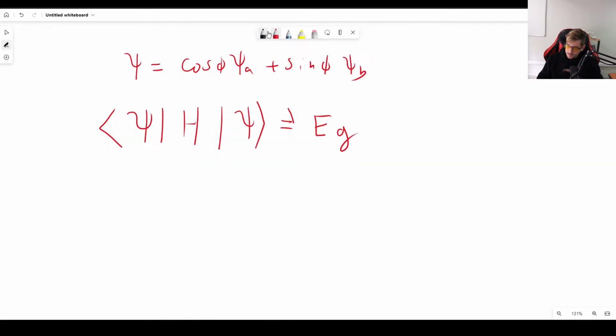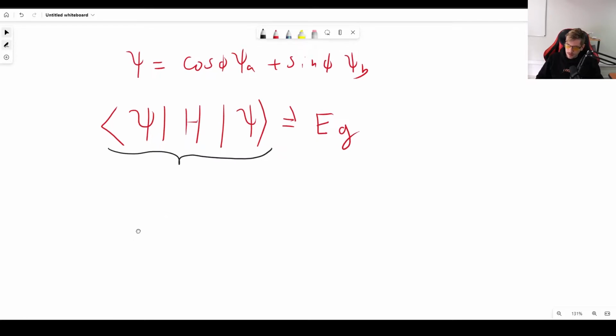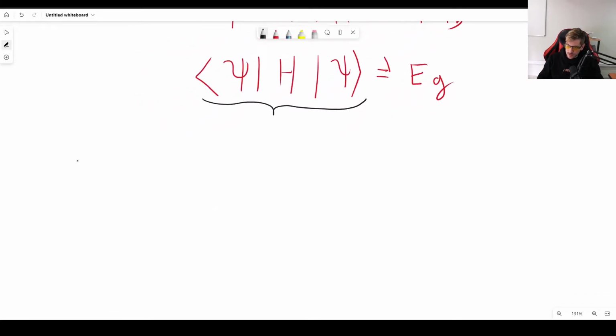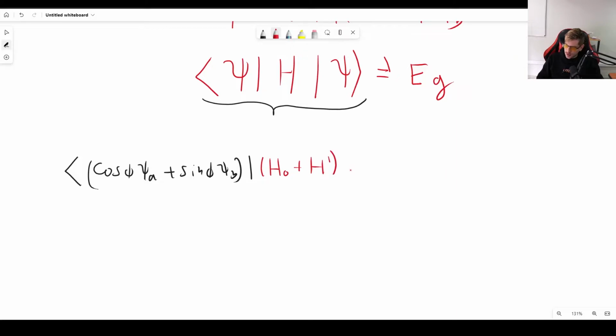Okay. So with that out of the way, let's take this formula and plug in our psi and our H. So we know that the bra is bra of cosine phi psi A plus sine phi psi B. And then we have H, which I will write with a different color, which is H0 plus H prime.